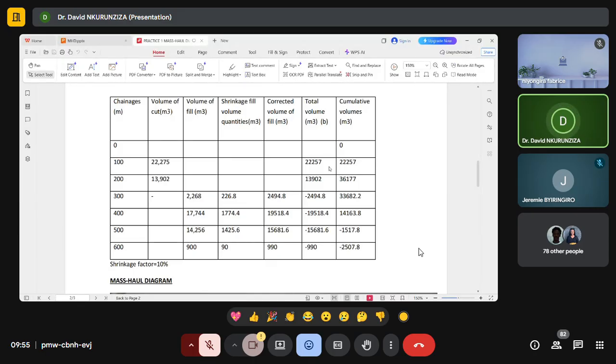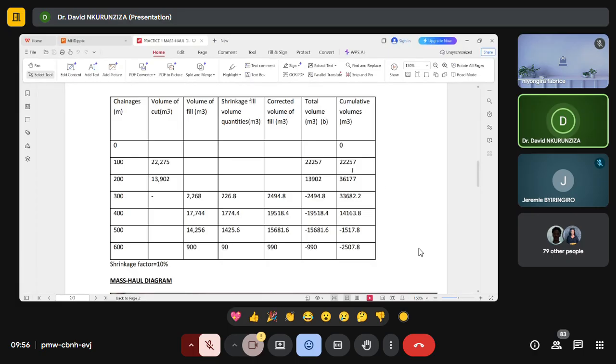It is because we need them to be brought on the site. So we are lacking. But once you cut, of course physically you have something. But when you need to fill, you need to bring. That's why all the fills, all the filling materials, all embankments will be treated by having a negative value.